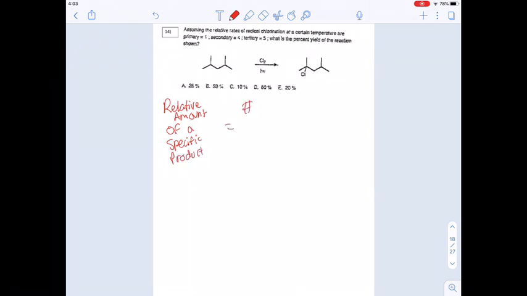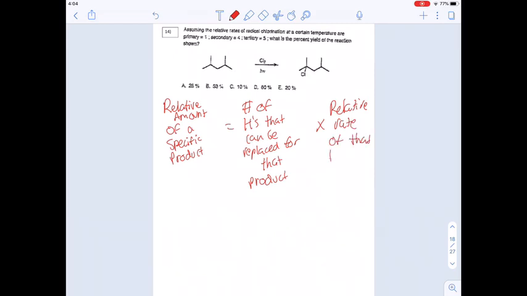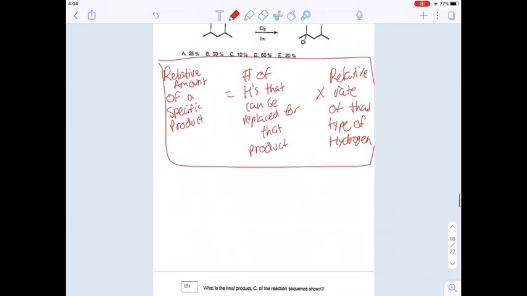The relative amount of a specific product is equal to the number of H's, or hydrogens, that can be replaced for that product, times the relative rate of that type of H, whether it be primary, secondary, or tertiary.